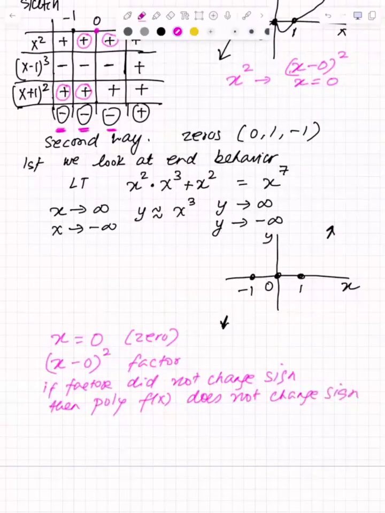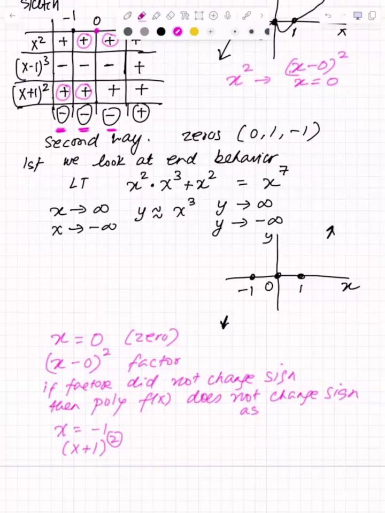Okay, now that happened twice. Also, when the zero was x equal to negative 1, the factor was x plus 1 squared. The factor does not change sign, so the polynomial does not change sign. So if x equal to 0 is the zero, x minus 0 squared is the factor.